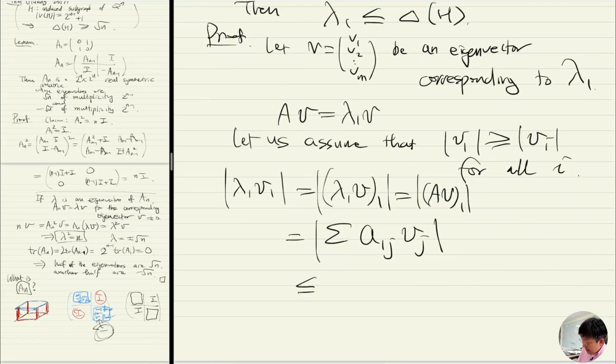Now, I'm adding this over all J which is a neighbor, adjacent to 1.